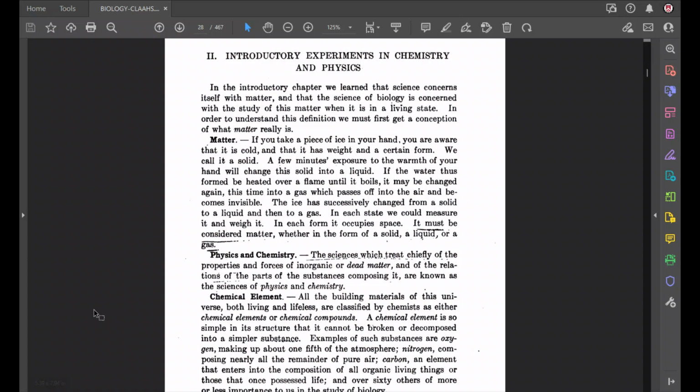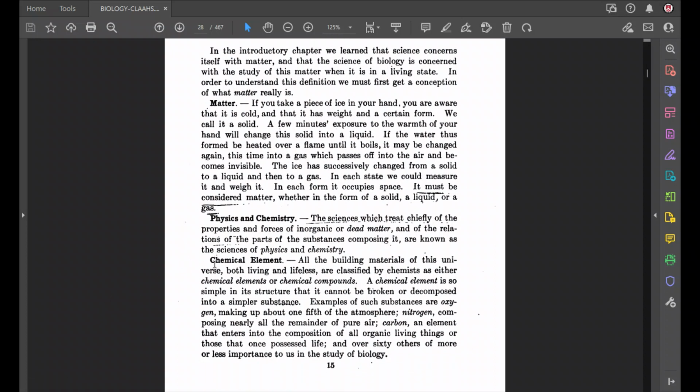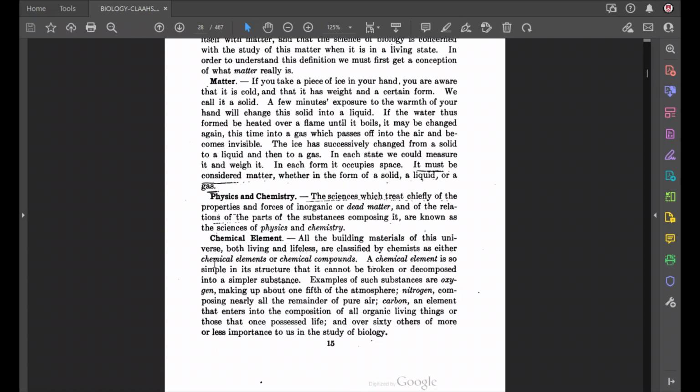We talked about compounds and elements in chemistry. We said a chemical element is the smallest possible building block. I shouldn't say smallest, the simplest possible building block in nature. And chemical elements are combined to form chemical compounds.